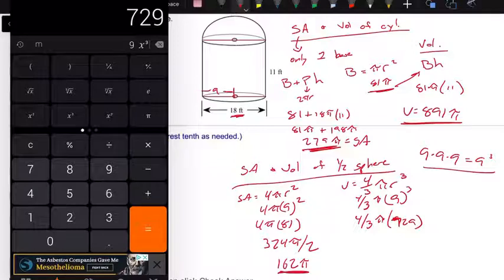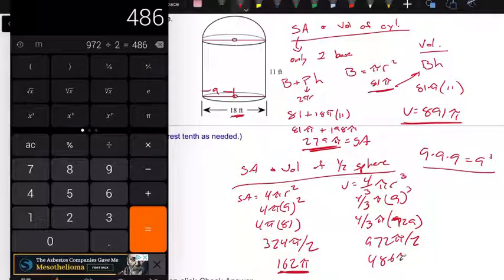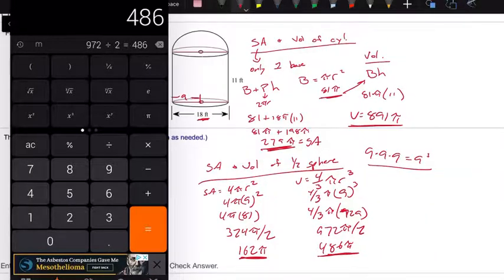So then we would just times 4. 729 times 4, and then divide it by 3. So 972 pi is the volume of the sphere. But we only have half of the sphere, so we're dividing that by 2. So 486 pi is the volume.